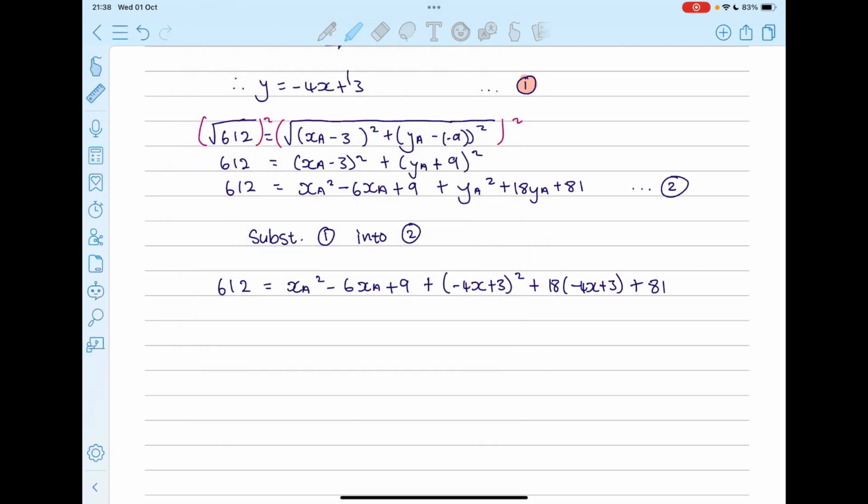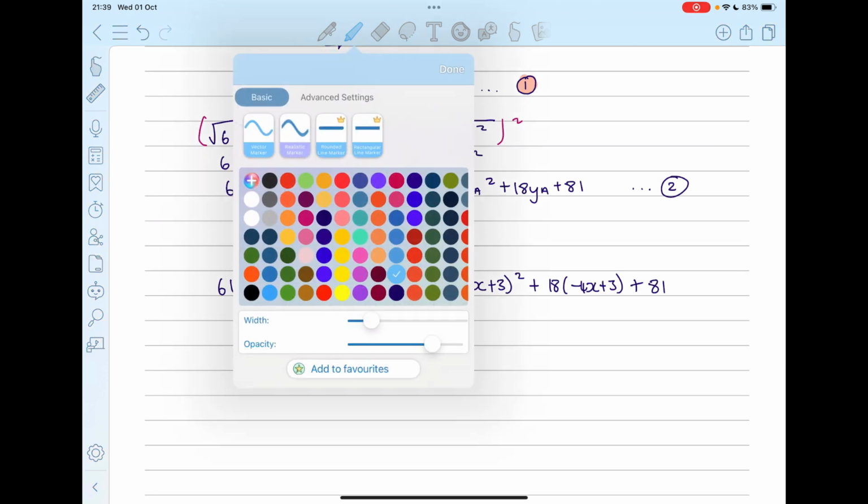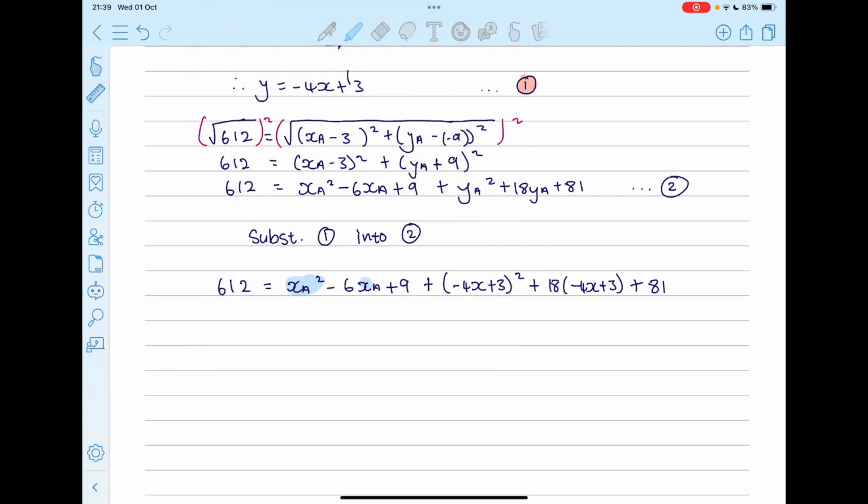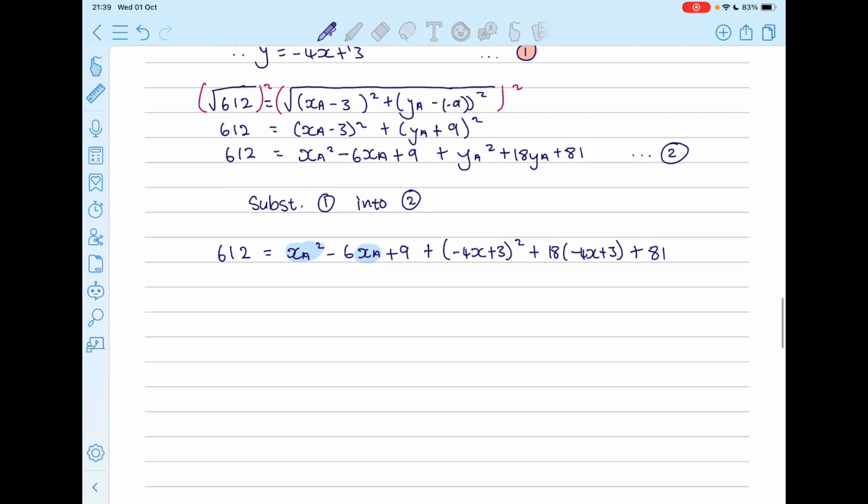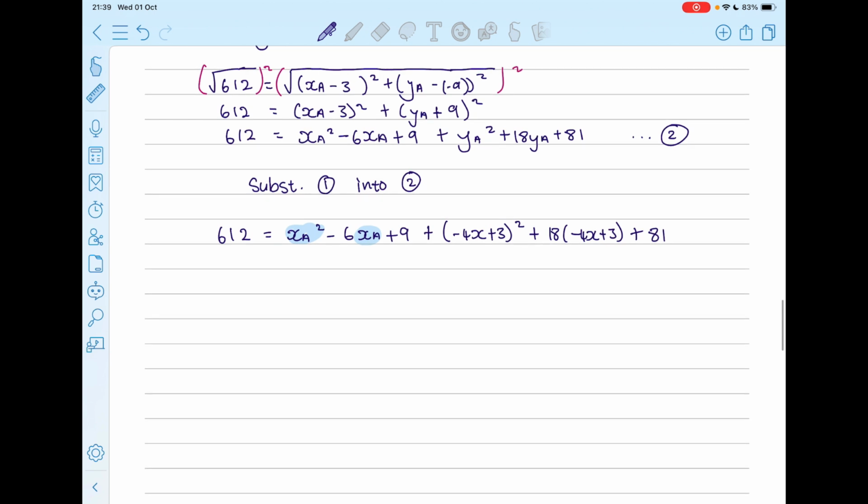I do want you guys to remember we're dealing with the same x, so I'm just going to label them as x for the sake of simplicity. So now this is just going to be 612 is equal to x squared minus 6x plus 9 plus.